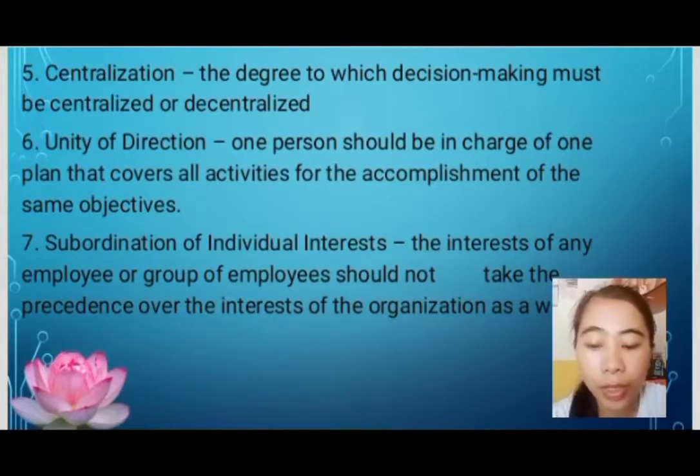Number 6 is unity of direction. It is important that there is a manager who will lead his or her team to the same task of achieving the goal. Number 7 is subordination of individual interest.